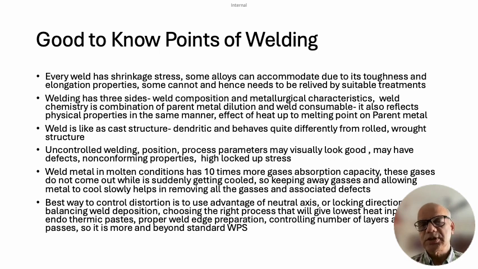Choose the right processes, choose the right parameters, use bare minimum heat input, heat extraction, a good weld edge preparation, control the number of passes and layers, and position them well so that you have sufficient gap for every pass and every layer, and document all this and recommend all this in your WPS so that you follow it every time and we get consistent operations or readings.